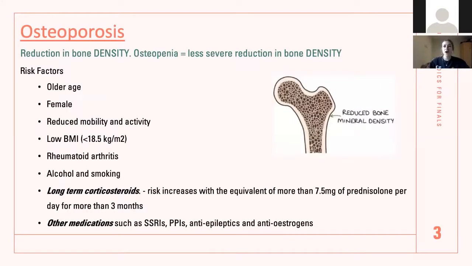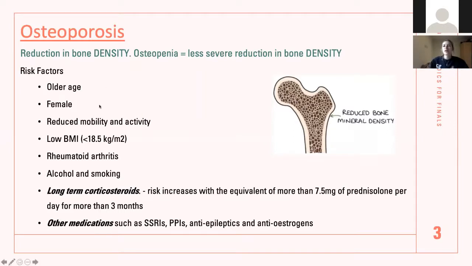So I'll start with osteoporosis. Osteoporosis is a reduction in bone density, whereas osteopenia is a less severe reduction in bone density, but both are just a reduction in bone density. This reduced bone density makes the bone less strong and more prone to fractures.